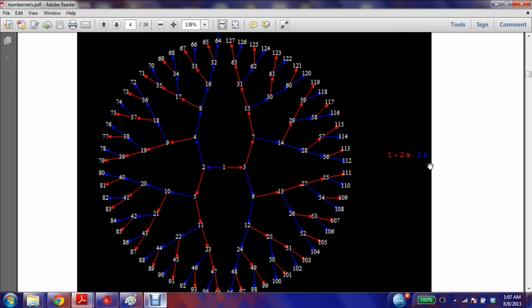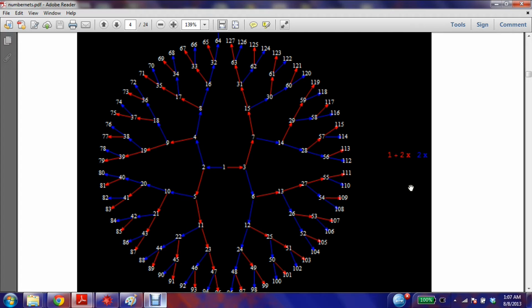For example, these blue edges here, these just represent multiplying by 2. So the blue edge pointing out of 1 points towards 2, the blue edge pointing out of 2 points towards 4, 4 to 8, 8 to 16, and so on and so forth.